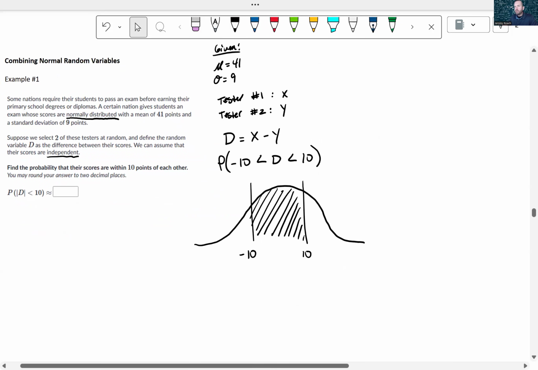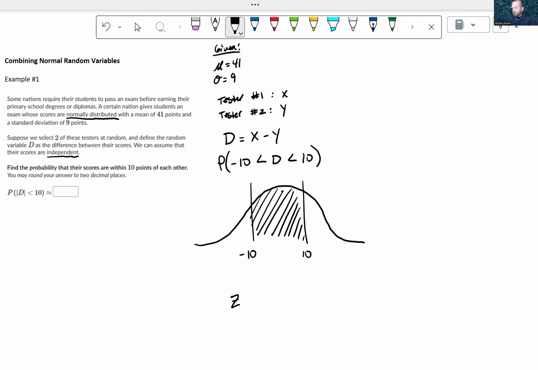So if we convert this to a z-score, we're going to write z is equal to x minus mu, our data point minus the average, divided by the standard deviation of D. Okay. Now, for this next part, we are not just going to use the standard deviation that it gives us of 9 points.